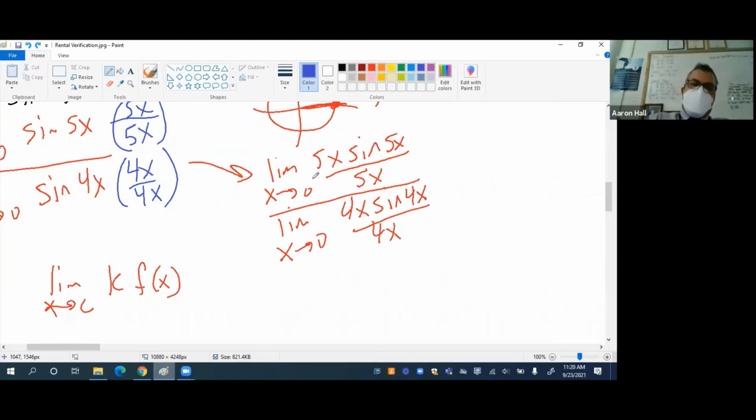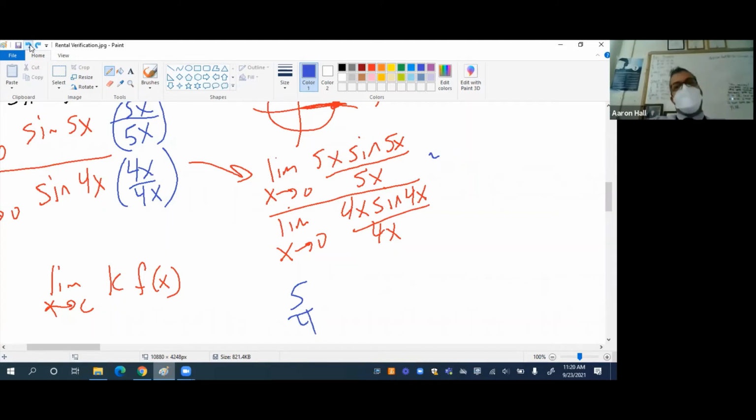So do you agree that if I did the keep, change, flip, it would help to see where I have 5/4? If I do a keep, change, flip, then this is 4 down here and 5 up here. And then we have an x here, and then these x's cancel out. Do you see that or not?